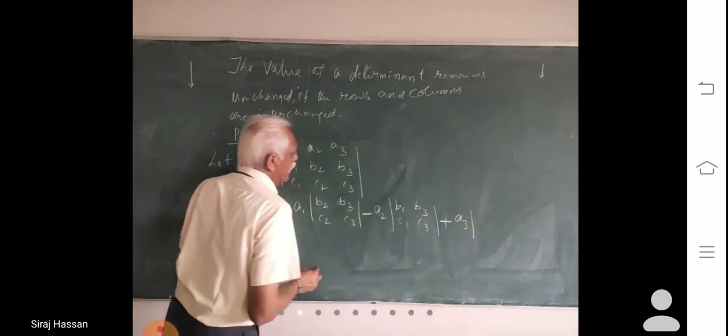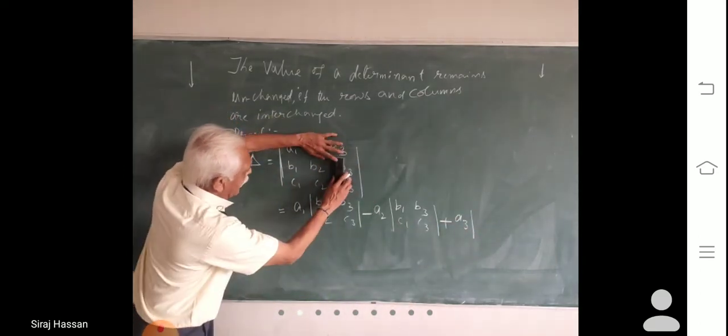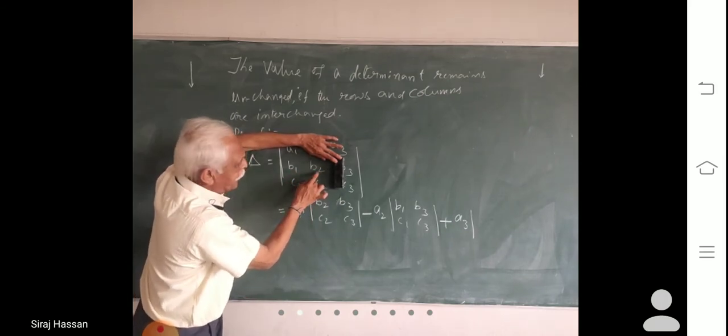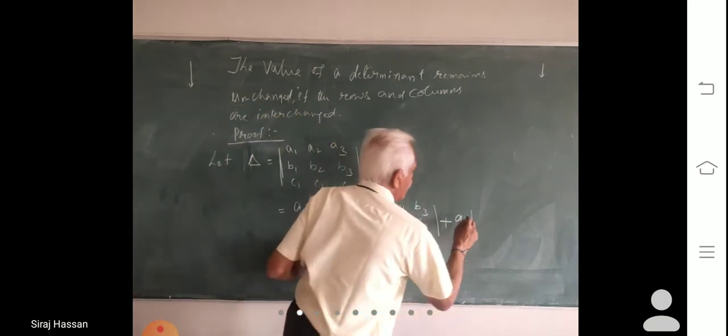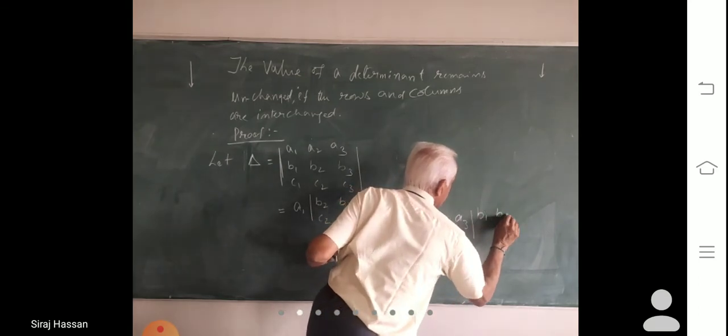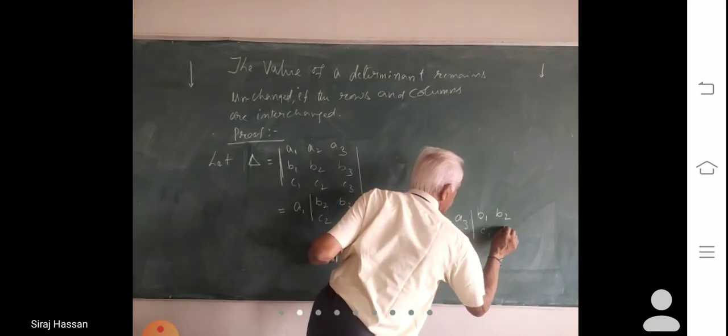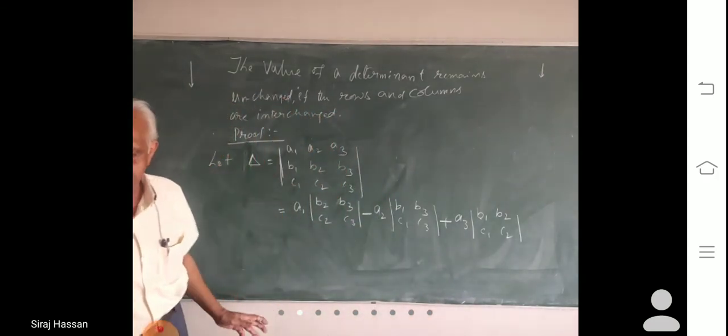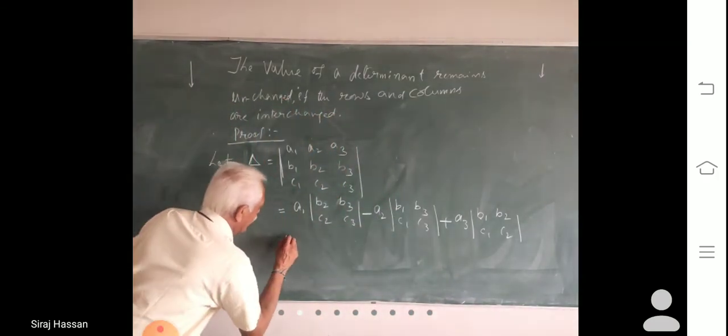A3 into, eliminating the row and the column, we are left with B1, B2, C1, C2. Clear?